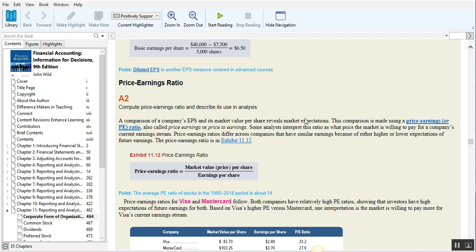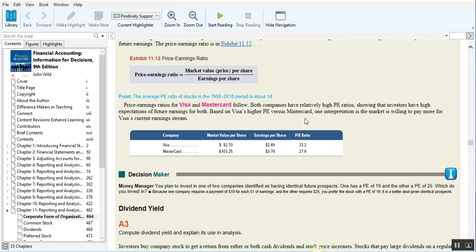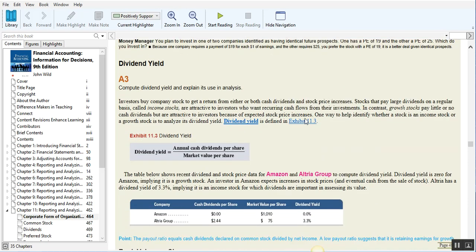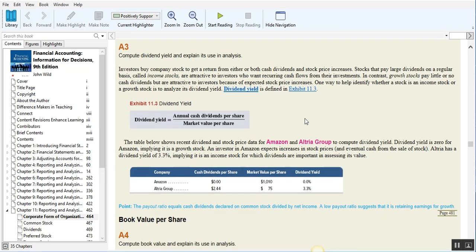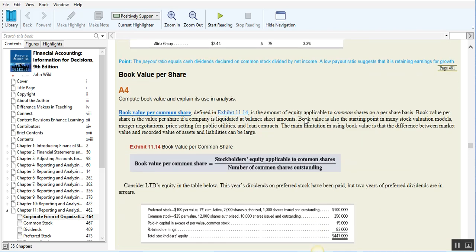What the price earnings ratio is telling you is how valuable those future earnings are in the market. And then you have dividend yield. Again, you're going to take the annual cash dividend per share and divide that by the market value per share. And that'll show you what you're actually yielding on your dividend.